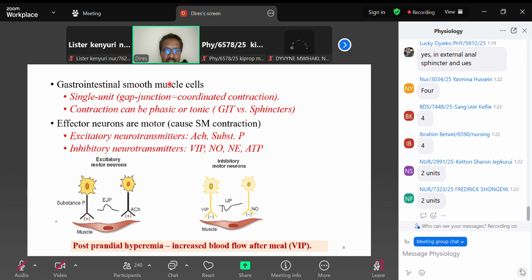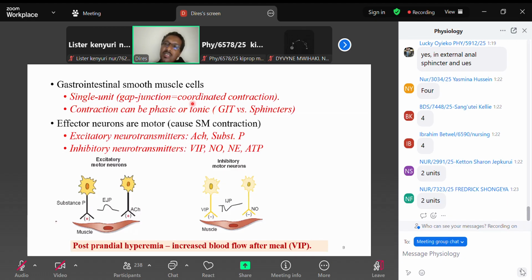In the GIT, if you look at the small intestine, and also stomach, they are connected by gap junction. So they are treated as a single unit. That's why we said when the stomach distends, that leads to contraction of the intestine as a unit.